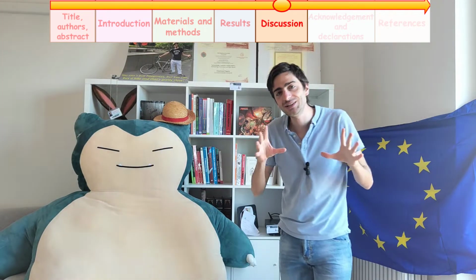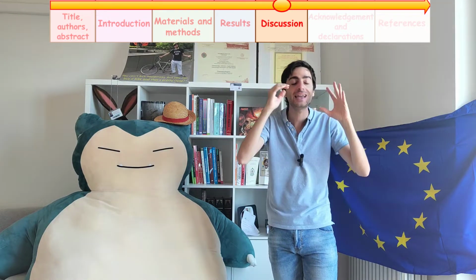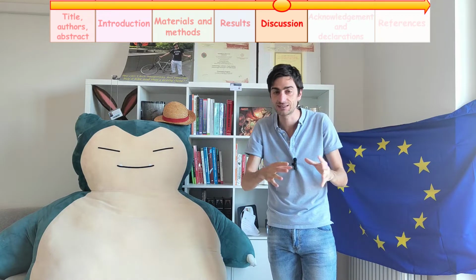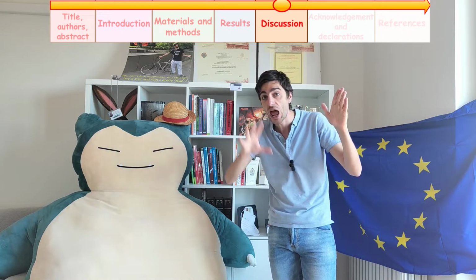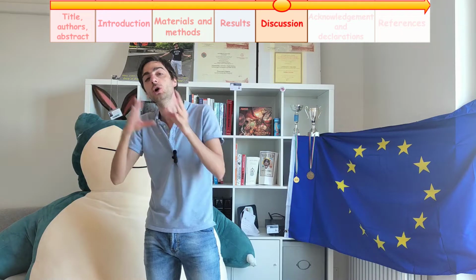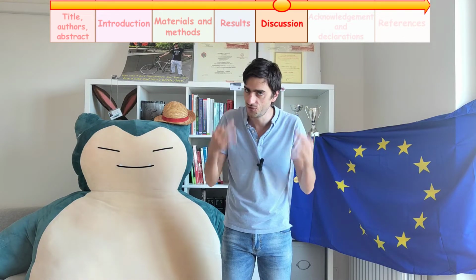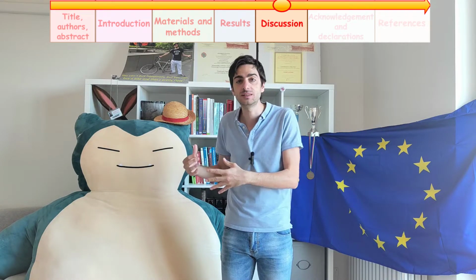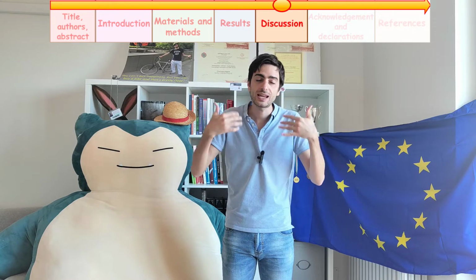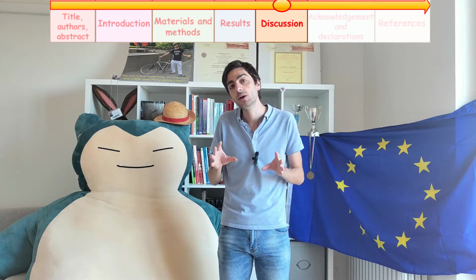Always distinguish the scientific evidence, the experimental evidence, which is generally described by the materials and methods and results sections, from the author's opinion. The author's opinion is very, very important because the authors are the persons who have the expertise to not only carry out the research, but also to understand what happened.